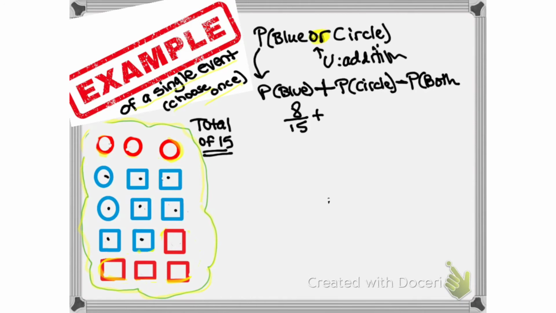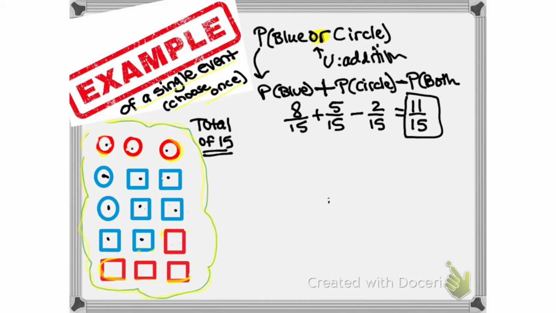Probability of circle, that's 1, 2, 3, 4, 5, and that's it: 5 out of 15. Minus whatever is the probability of both, and that's both blue circles specifically, that's 2 out of 15. And so you add those up. That's 8 plus 5, that's 13, minus the 2, that's going to be 11 out of 15.